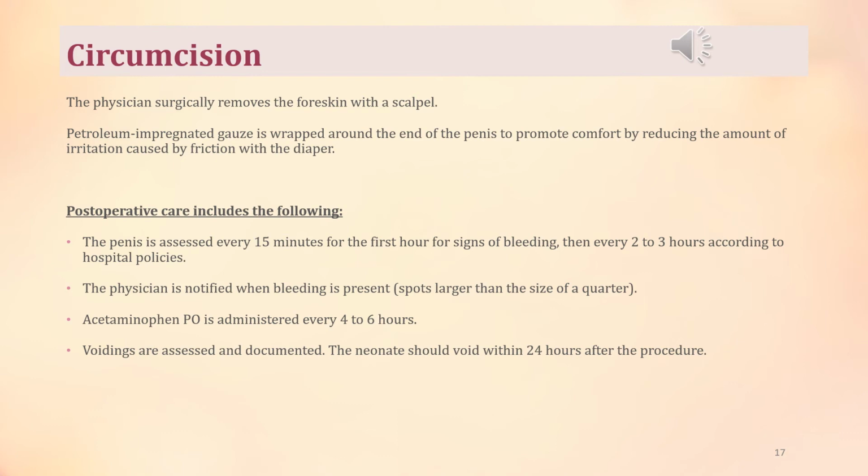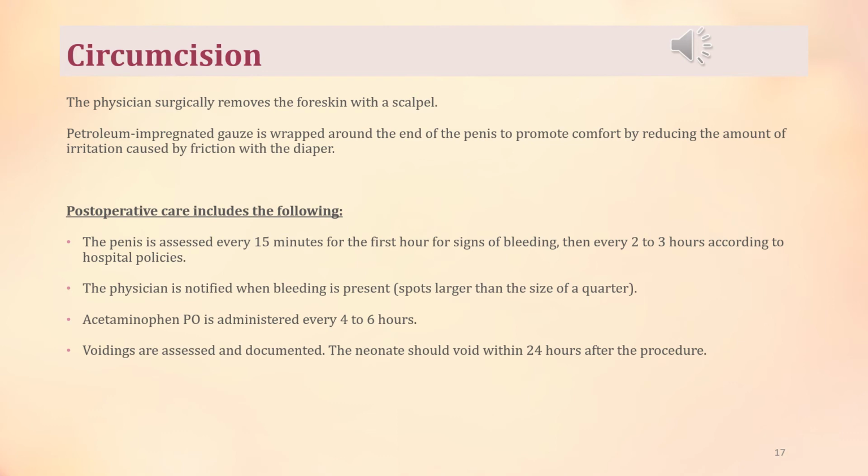Acetaminophen, we usually go ahead and pre-dose babies with acetaminophen, and then they can have it every 4 to 6 hours as needed. There is a neonatal pain scale. It's called the NIPS scale, NIPS. So you can go through that and assess baby's pain and decide if they need pain medication every 4 to 6 hours.